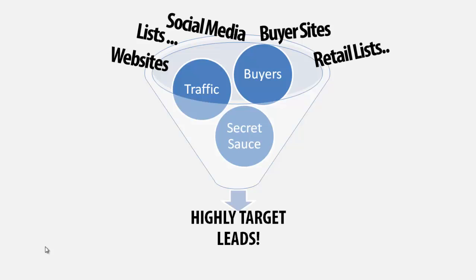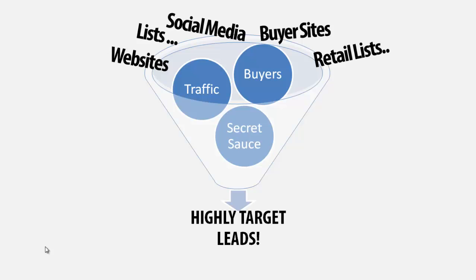But initially, what you need to generate is buyers and traffic. And then with our little secret sauce, we've created this hybrid, right? We go out and source from websites, lists, social media, buyers' sites, and retail lists, being actual retail stores. We can buy that traffic from them.